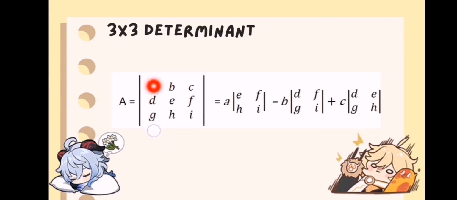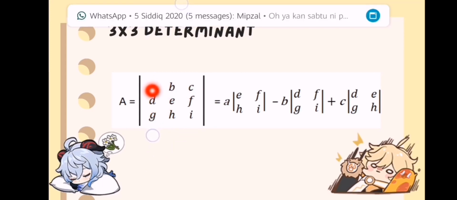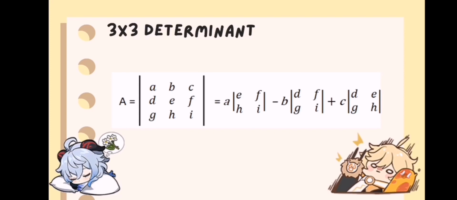Since the movement is like this, vertical and horizontal, we're going to ignore B, C, D, G. Sorry about that. So leave E, F, H, I, which you can get from here.